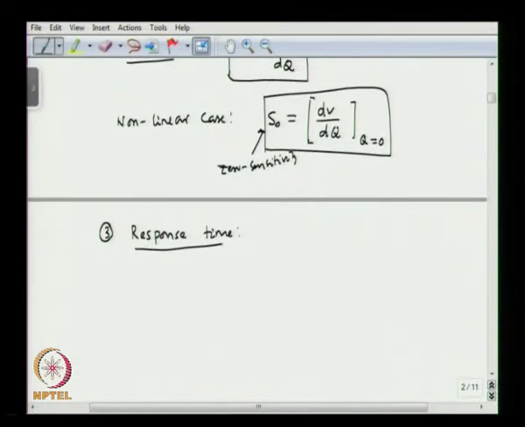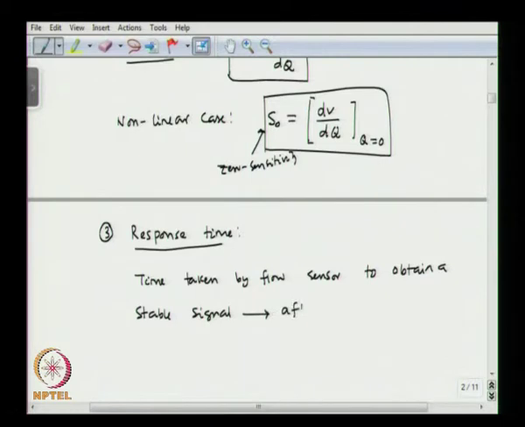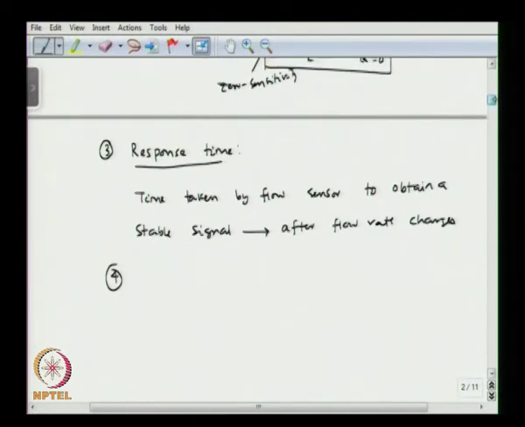So, this is the time taken by the flow sensor to obtain a stable signal after flow rate changes.